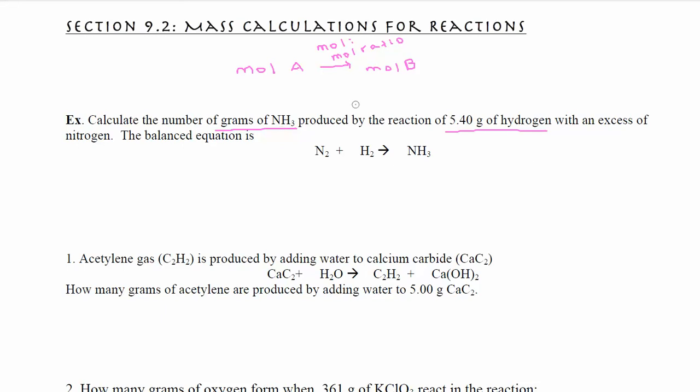The reason is that if I start with a certain number of grams of A, in this case grams of hydrogen, I've got to go to moles of hydrogen, then from moles of hydrogen to moles of whatever I'm trying to get into, which in this case is ammonia, and then into grams of ammonia, which would be grams of B. I can't directly go from grams of A to grams of B, because the only way to relate A and B is with the mole-to-mole ratio.